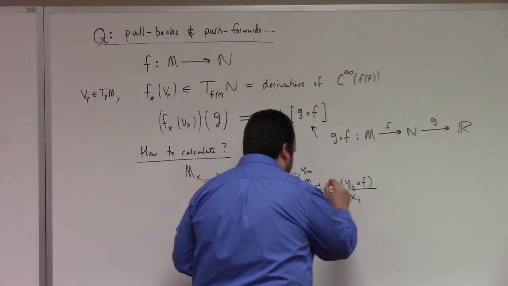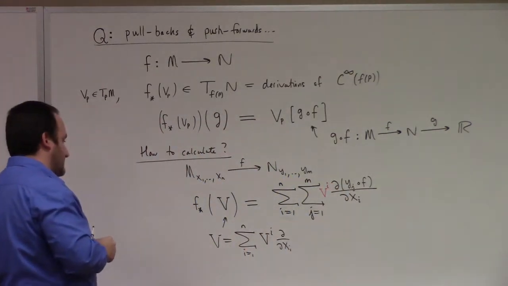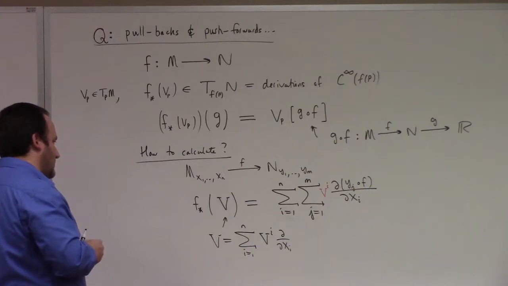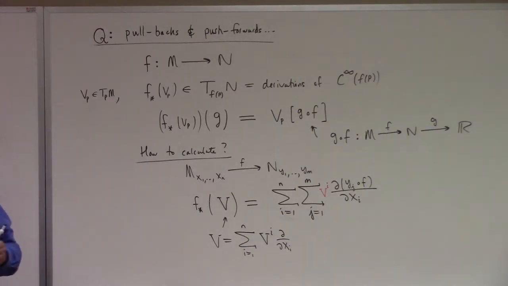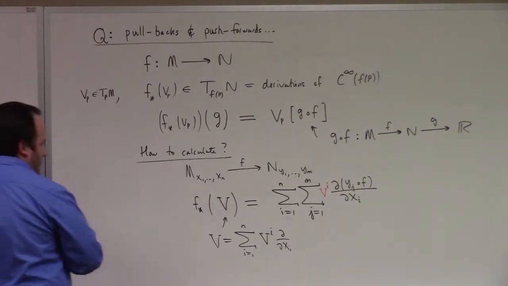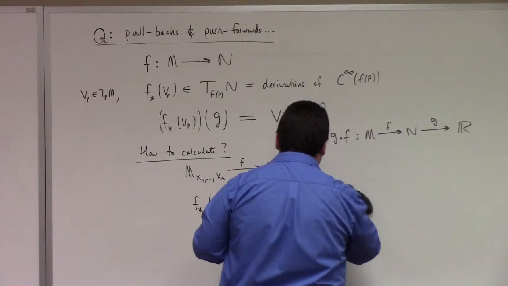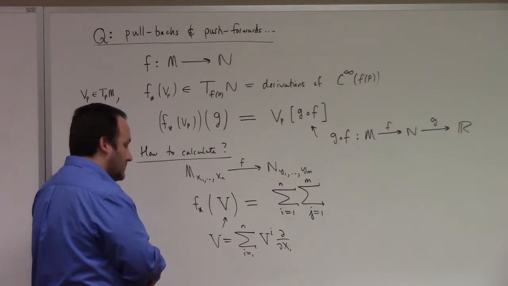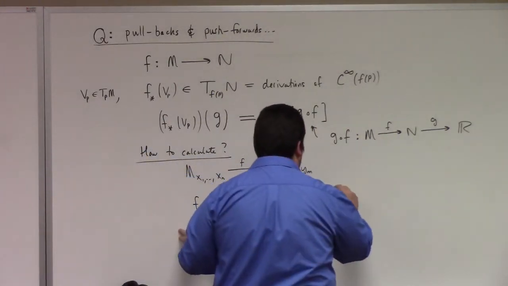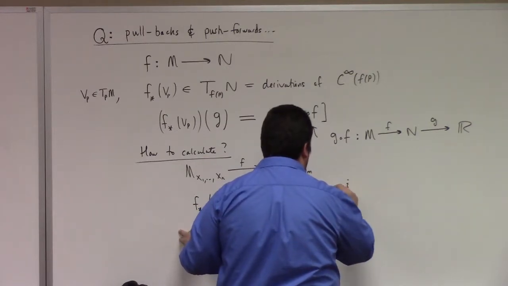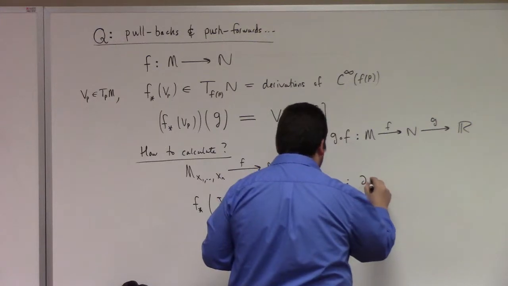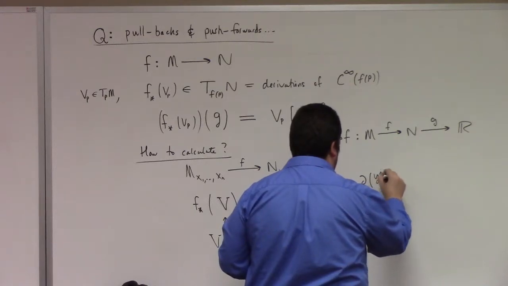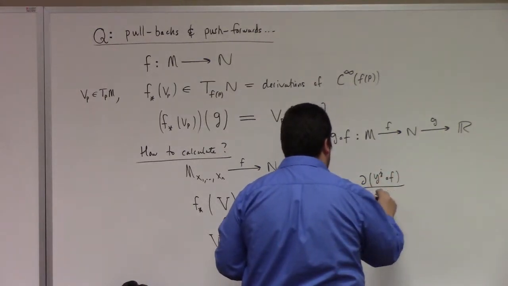Oops, sorry, I think I did that wrong. No, I think it actually is v^i here, and partial of y^j composed with f.